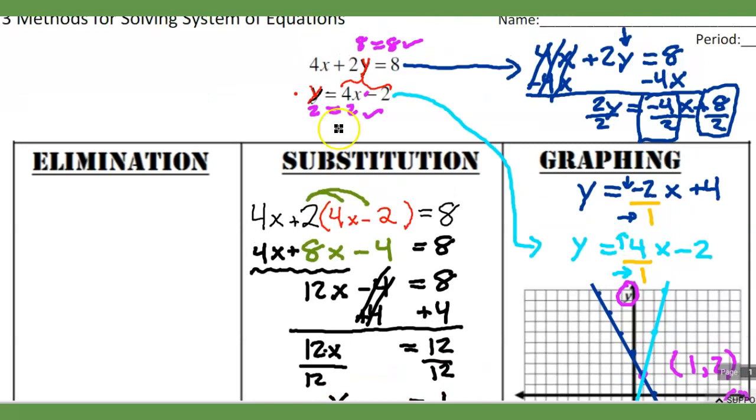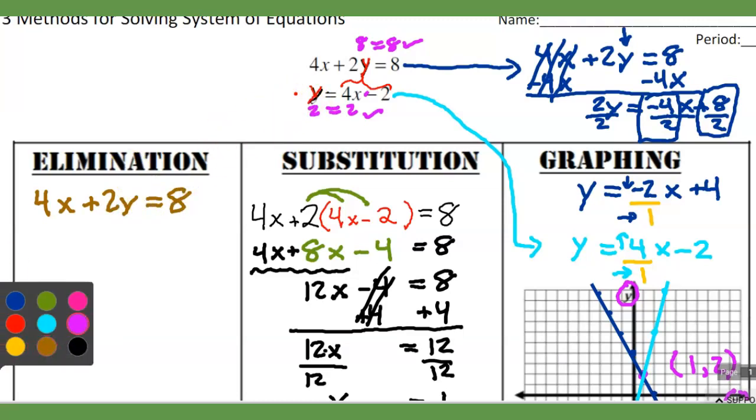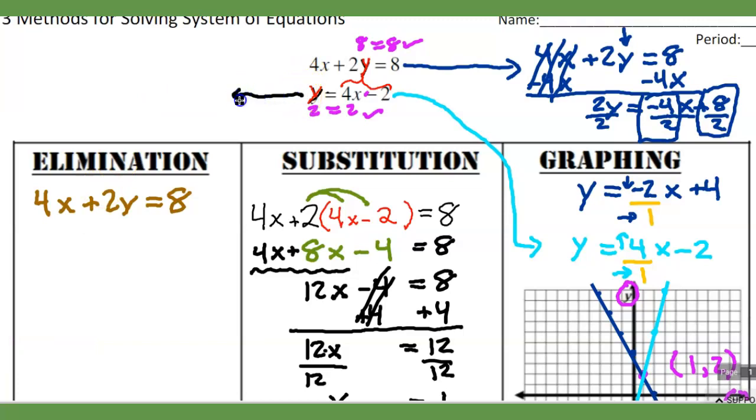All right. Lastly, we have the elimination method. So this is already in the correct format, that top equation, because both x and y are on the left and we have a number on the right. However, this other one is not in that format.